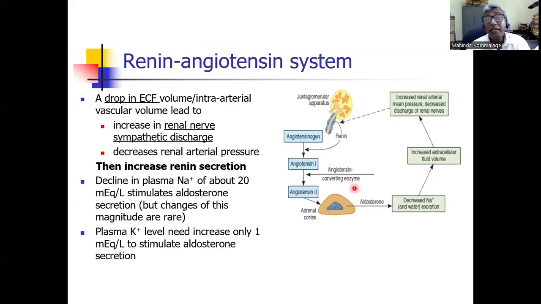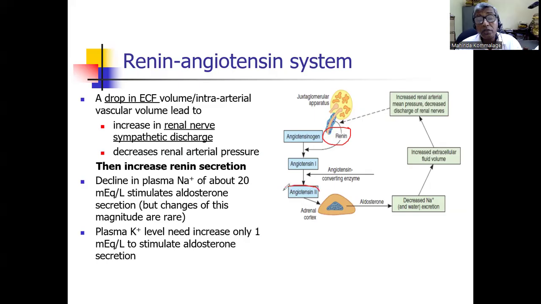Right. So this is the renin-angiotensin system. Renin is a hormone secreted by the kidney, right? There's a place in the kidney called the juxtaglomerular apparatus, which I think you learn in the advanced level. It secretes renin. Renin secreted from this place will act on angiotensinogen to convert it to angiotensin 1, and then angiotensin 1 is converted to angiotensin 2, right?